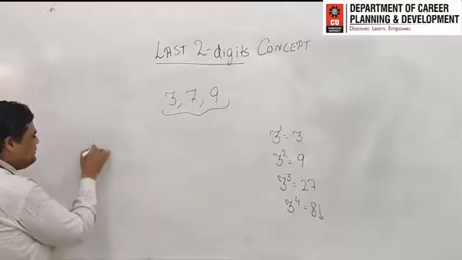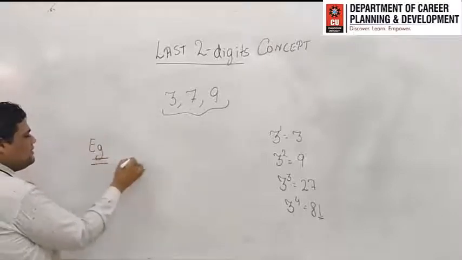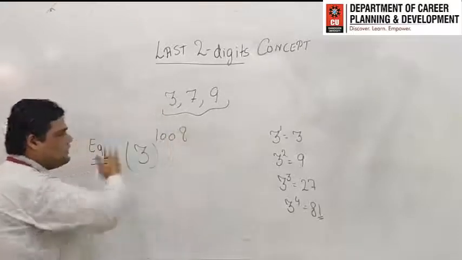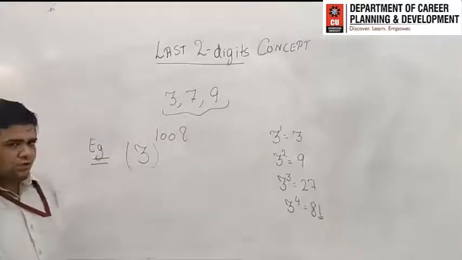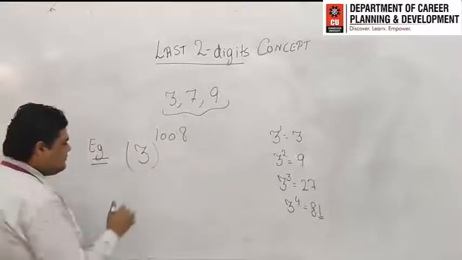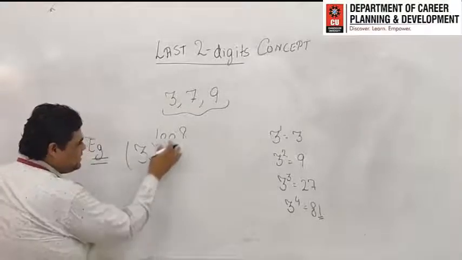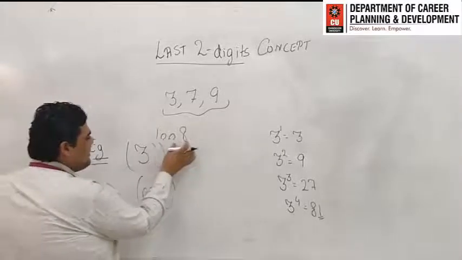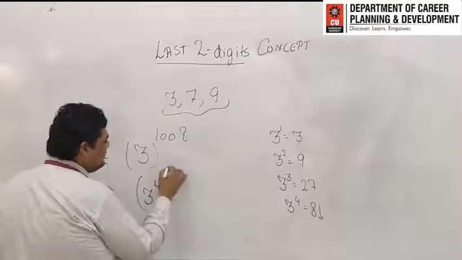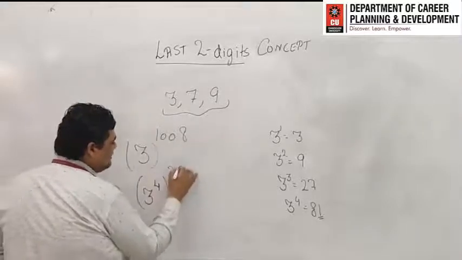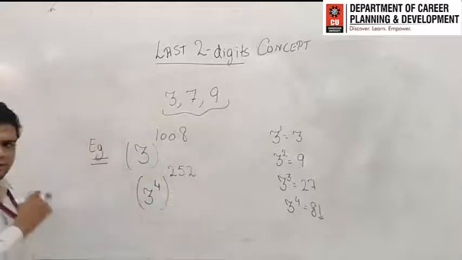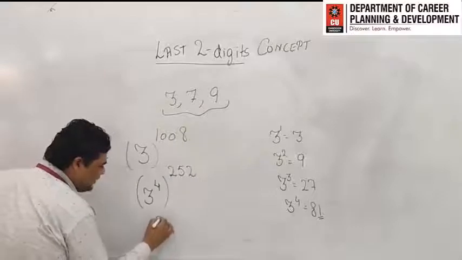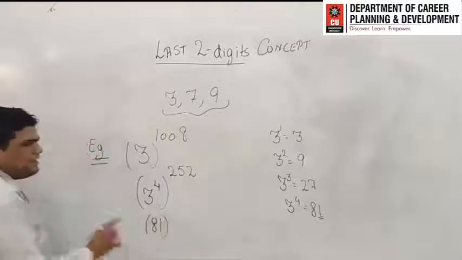Let's take an example: 3 raised to the power 1008. Now take the power 4 inside: 3 to the power 4, and the remaining power is 252. 3 to the power 4 is 81.